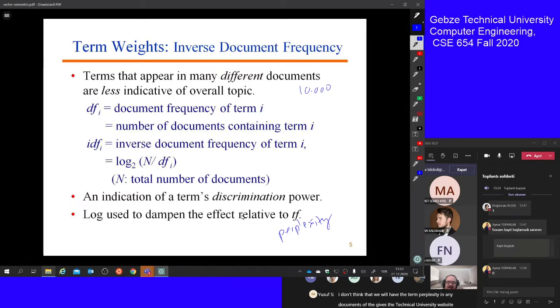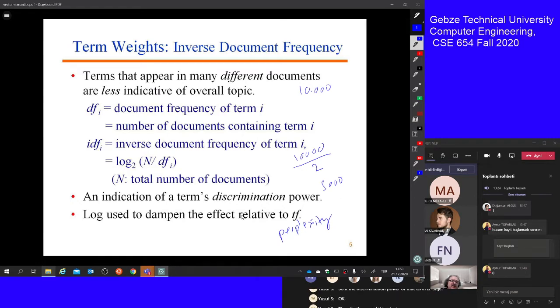Maybe in one of my slides, maybe. So perplexity happens once or maybe twice in the Gebze Technical University documents. So there are 10,000 documents, and perplexity happens 2 times. So this number is 5,000, very large. If the discrimination power of that term is large, then that's a good thing.